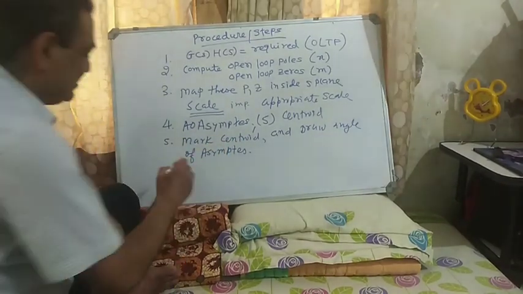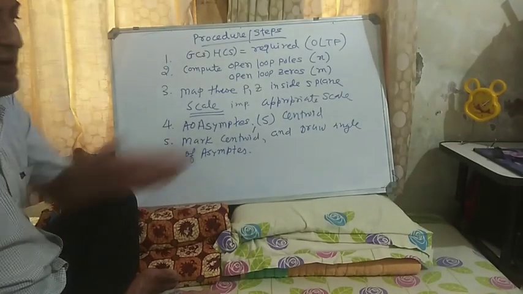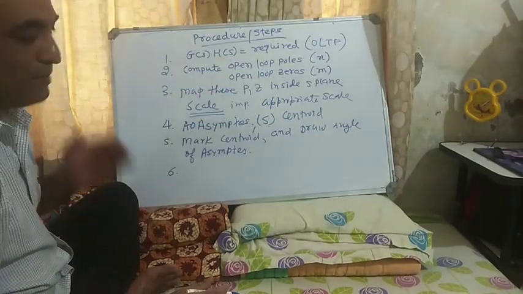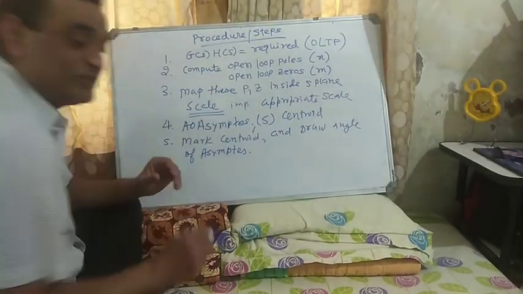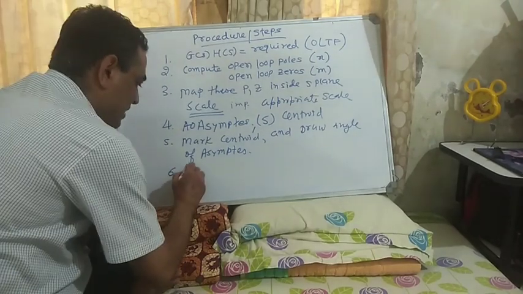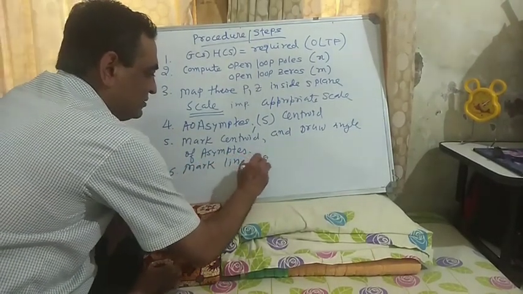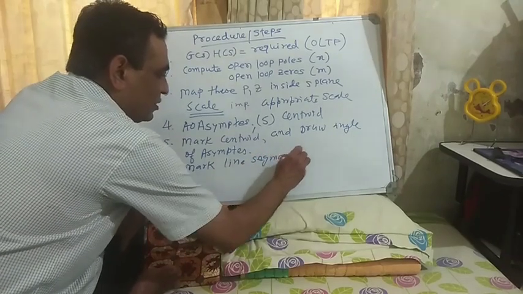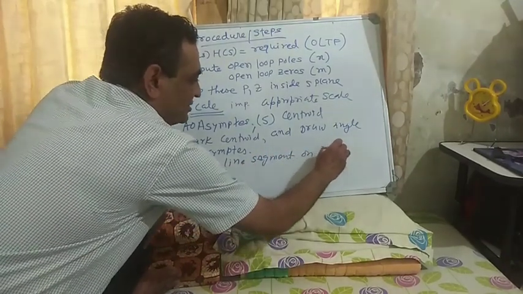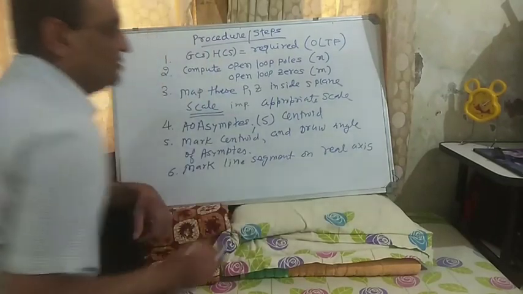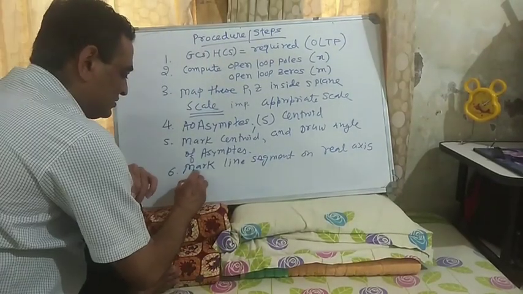And point number 6 is, you have a real axis, and mark the line segment on the real axis which lies on the root locus.